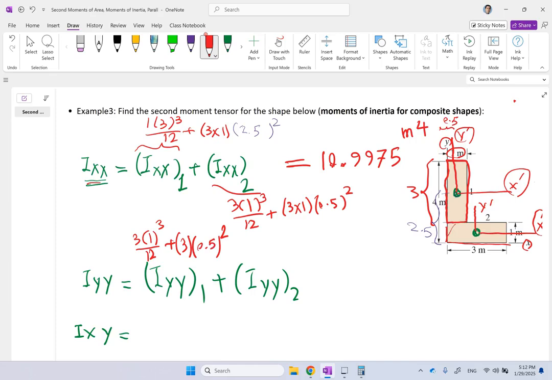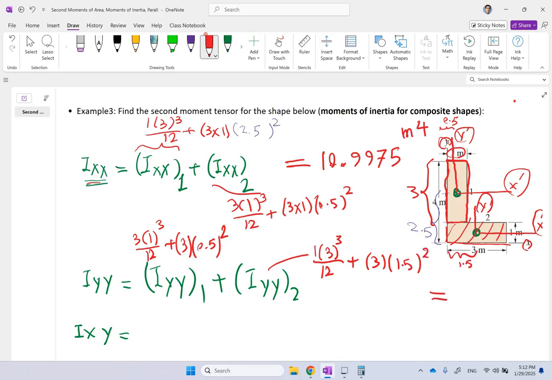For shape 2, which is this bottom one, the IY prime is clearly what? It is this 3 cubed times 1 over 12 plus the area of it, which is 3, times the distance between this y prime and this y, which is 1.5 squared.